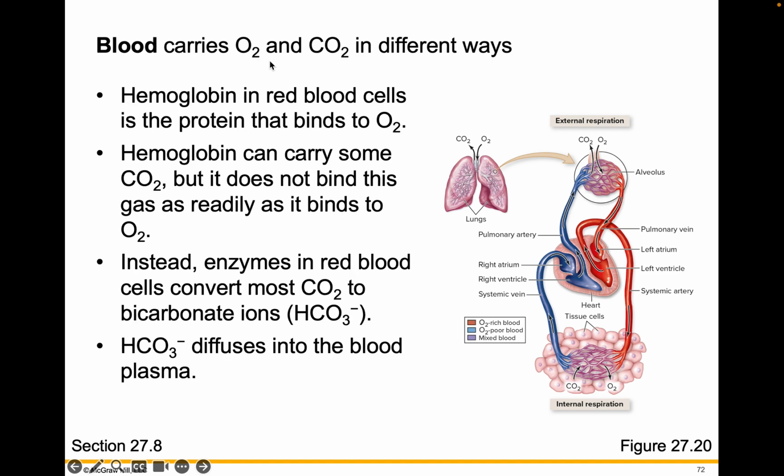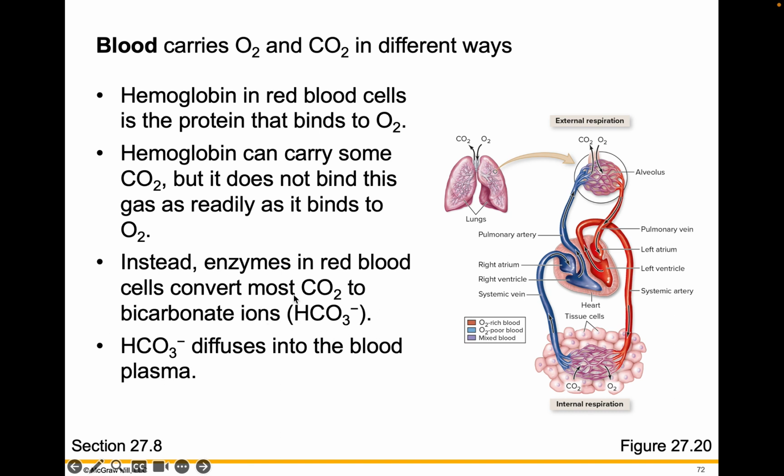Blood carries oxygen gas and carbon dioxide gas in different ways. Hemoglobin in the red blood cells is the protein that binds oxygen gas. Hemoglobin can carry some CO2, but it doesn't bind to this gas as readily as it binds to oxygen. Instead, enzymes in the red blood cells convert most CO2, carbon dioxide gas, to bicarbonate ions, HCO3-.